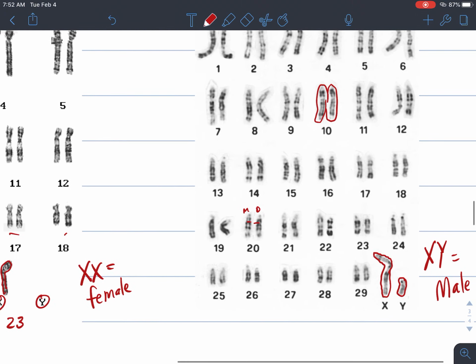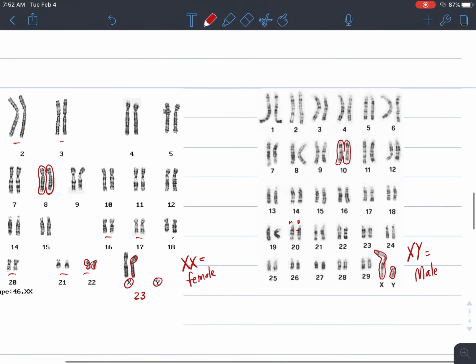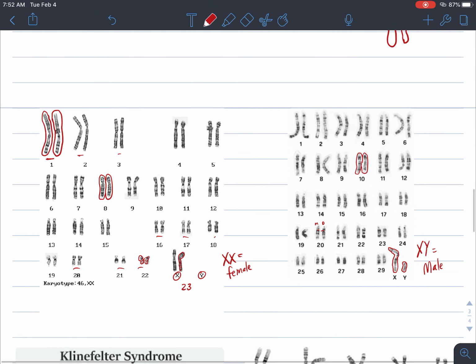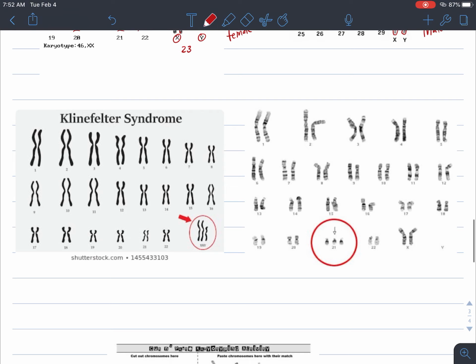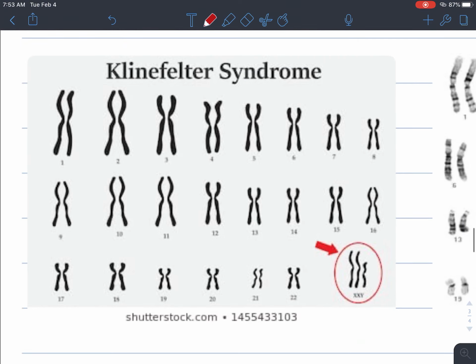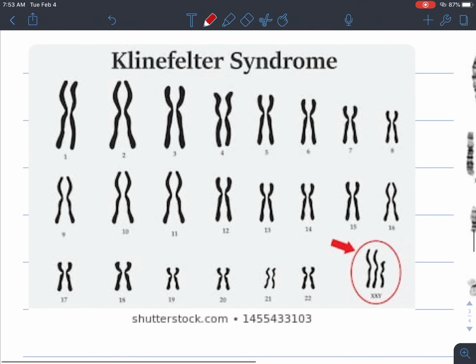Now there's other information just beyond biological sex that can be determined from a karyotype. Another thing we can determine is if there's any extra chromosomes. So this one's obviously from Shutterstock. It's just a digital picture. It's not an actual one. But you can see this person has 2 that match plus 1 that's a little bit shorter. They have an extra chromosome that somehow got in here through a clunky process of meiosis.